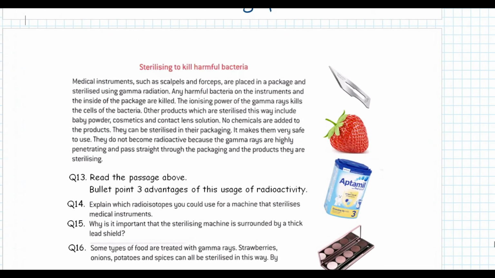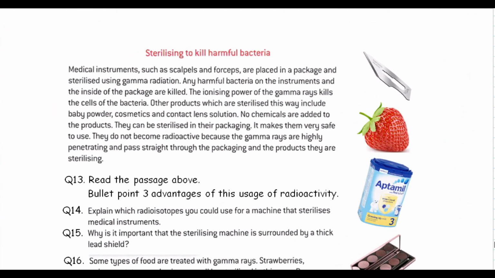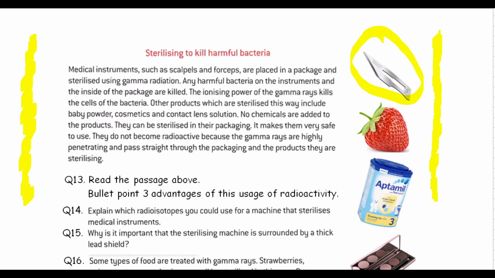Okay, and then finally, before we look at some more questions: radioactivity can be used to sterilize, that means kill off harmful bacteria from food, scalpels, surgical equipment, and other products. Again, press pause, read that paragraph, and when you get to the bottom, press play again.